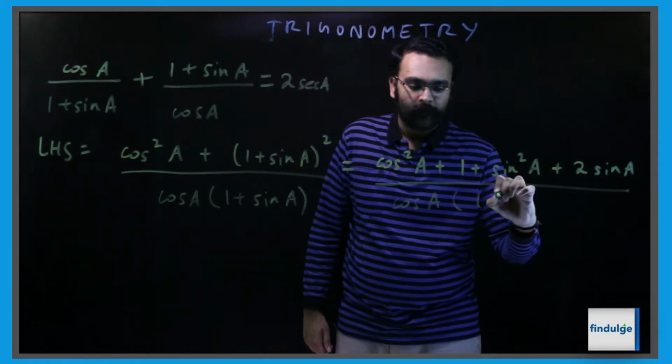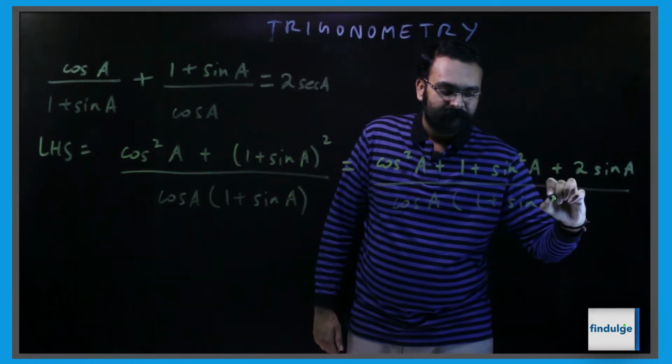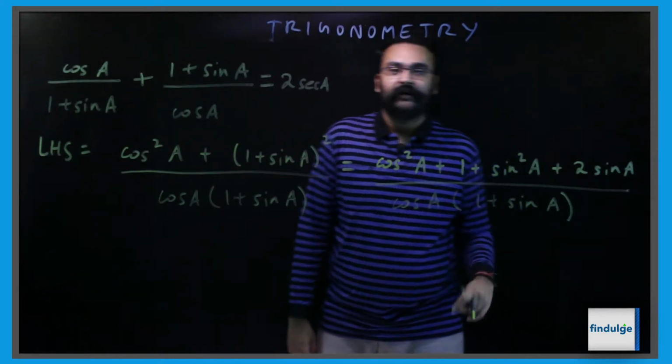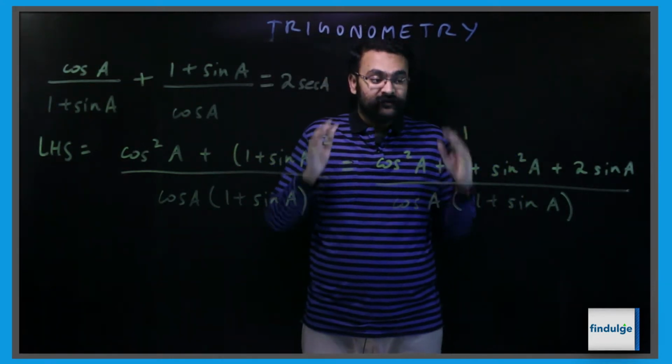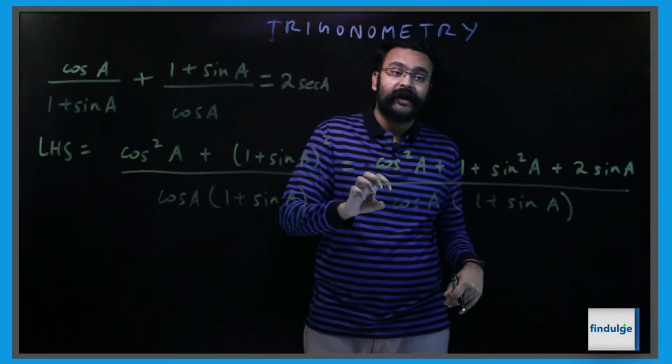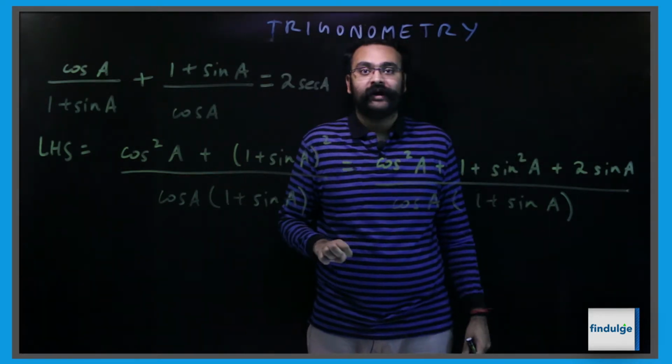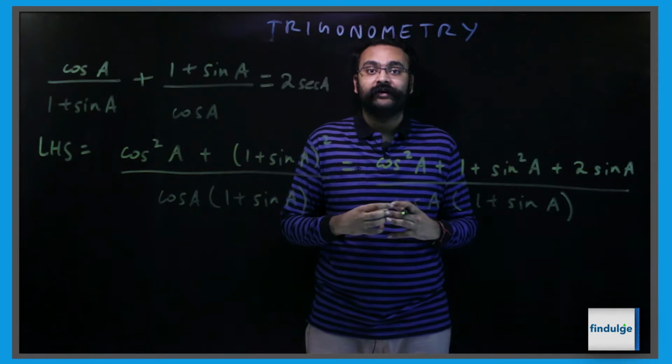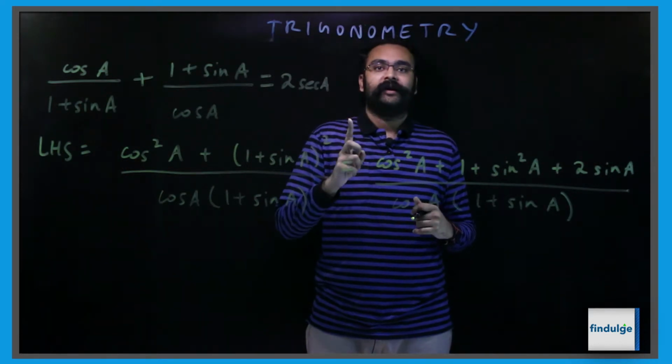Cos A into 1 plus sin A. Now, like I said, the immediate thing that should jump out to you is that cos square A plus sin square A, when we put them together, is just equal to 1.